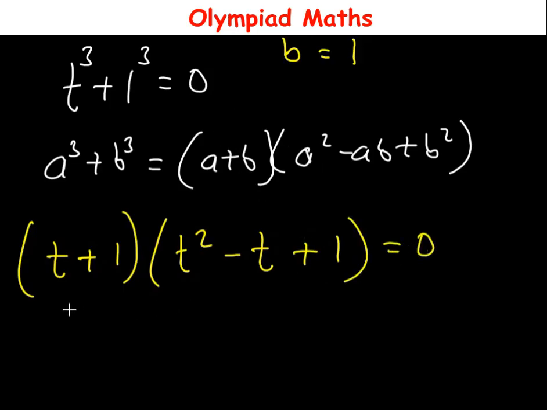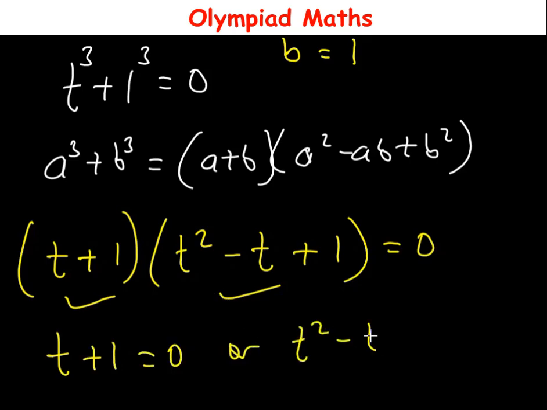And from here, we can then equate this to 0 and also equate this to 0. So t plus 1 is equal to 0, or t squared minus t plus 1 is equal to 0.